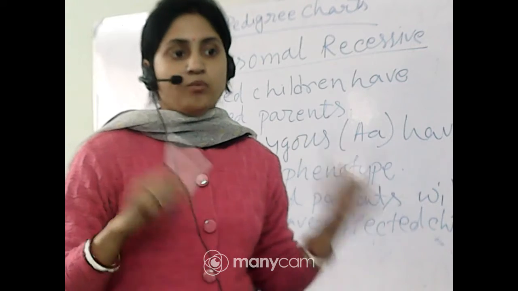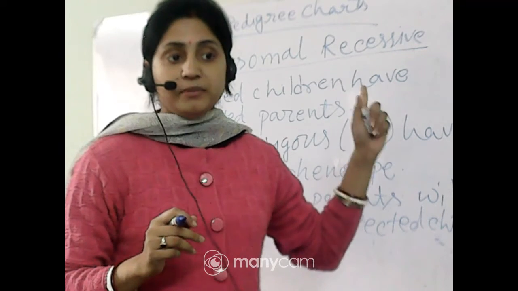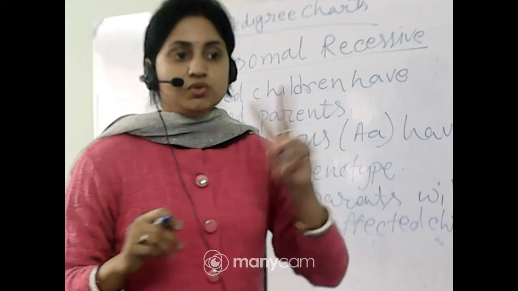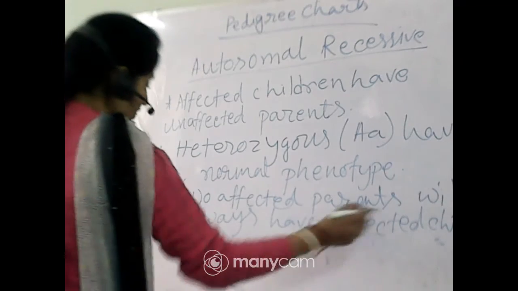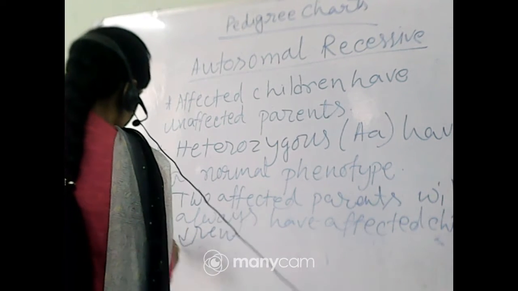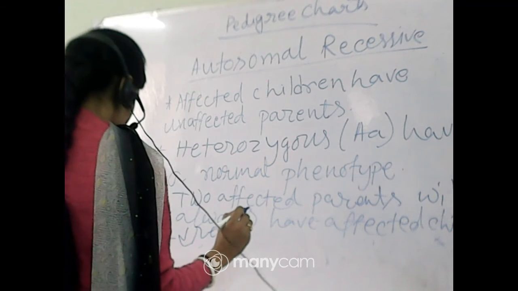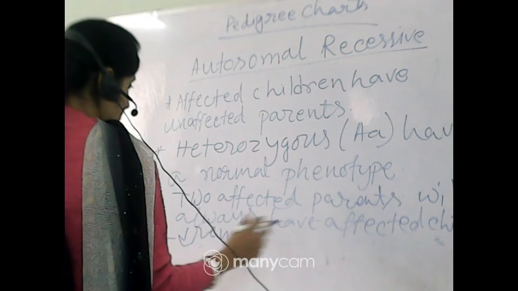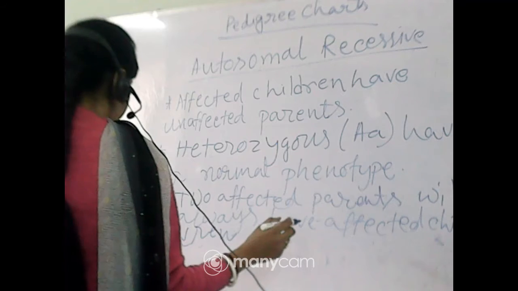In the case of the dominant, only one parent must be affected, but in the case of the recessive, two parents must be affected. Two affected parents will always have affected children.